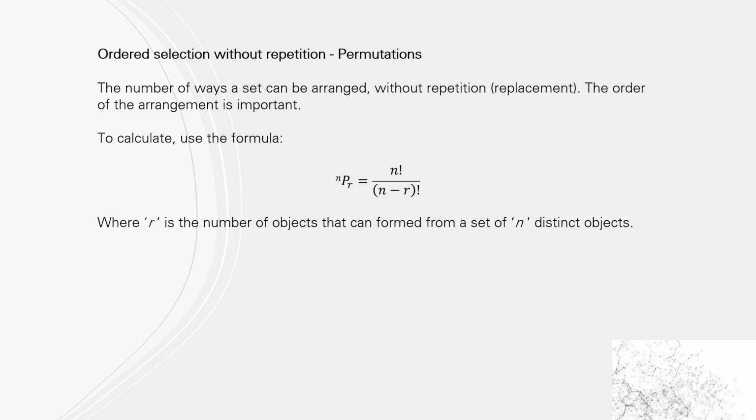You will find the nPr button on your calculator, and we'll use it in a little bit. Here n is the total number of distinct objects that you have, and r is the number you're focusing on.